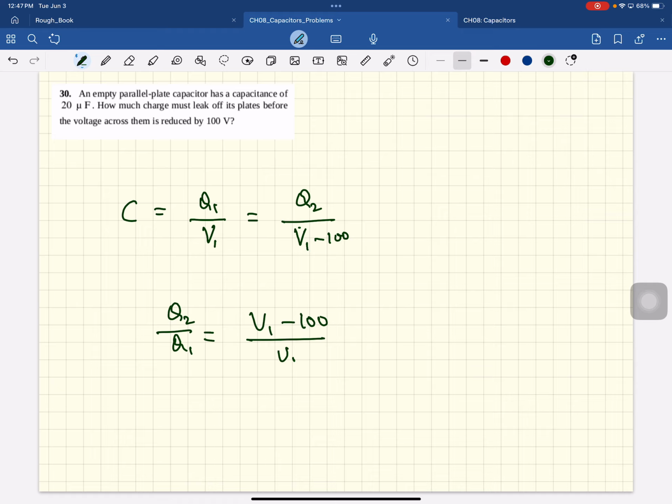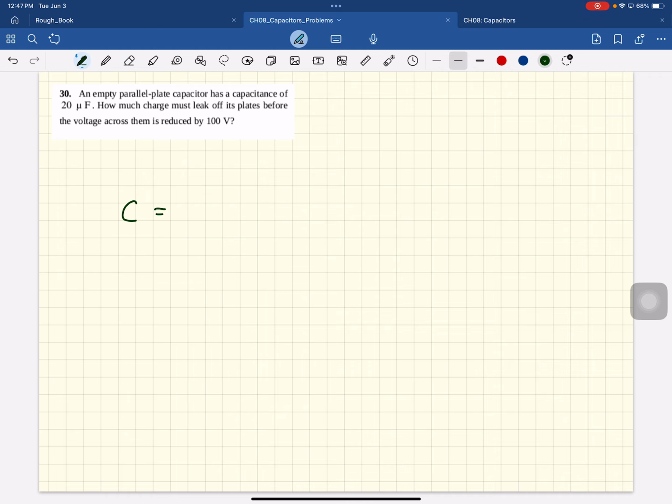Okay, so maybe, all right, let's do it this way. C is Q over V. So you reduce the charge by that much and the voltage reduces by that much.